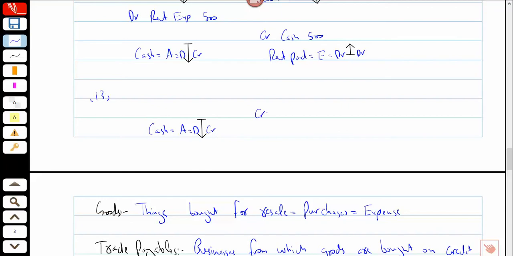So credit cash, and then we have interest expense. Interest paid, sorry. Interest paid equals expense, and they have increased debit. So debit interest expense. 100. Yeah?